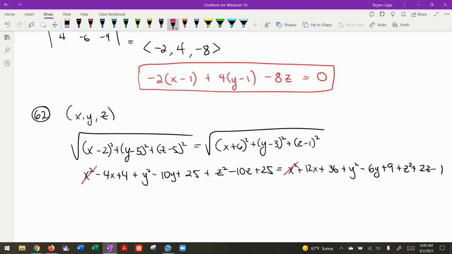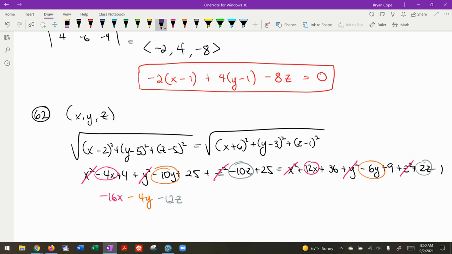So subtract x squared from both sides, subtract y squared from both sides, same for z squared. That's -16x, negative 10y combined with this, that's going to be minus 4y. Negative 10z, it's going to be minus 12z.